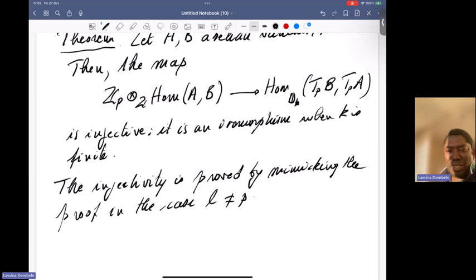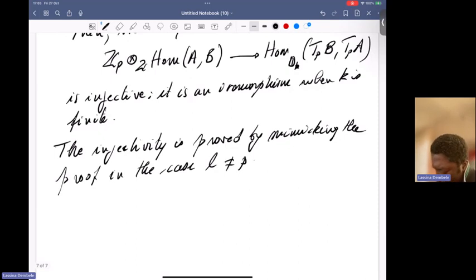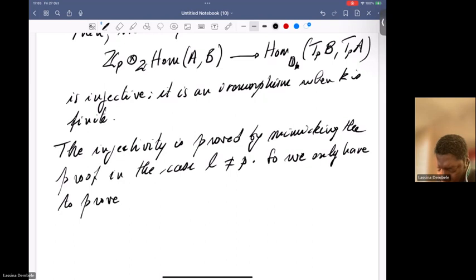It's essentially the same thing. So we only have to prove surjectivity. That's the main thing we have to do, and we are going to do some preparation in order to be able to do this.